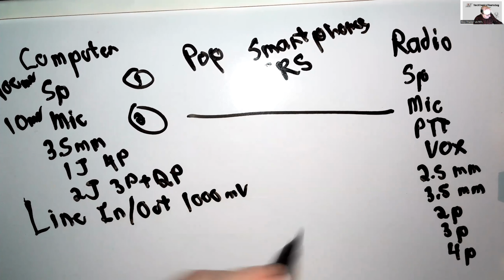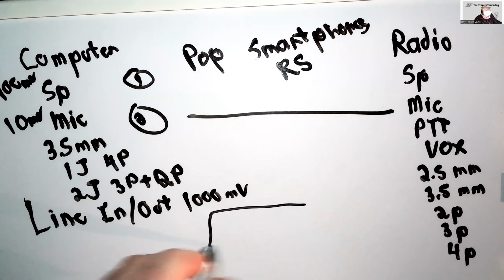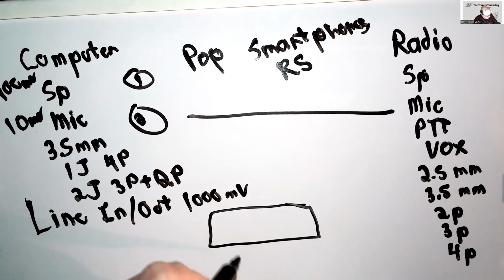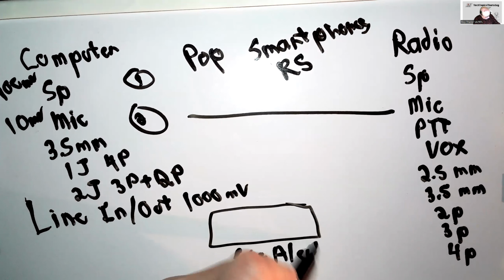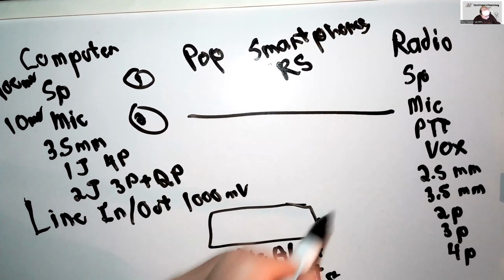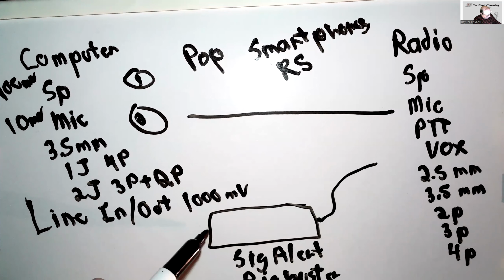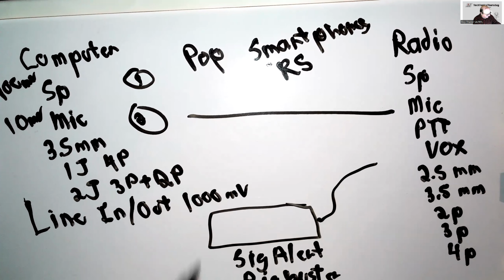So then, what they've done is they've usually built some sort of interface here, and Sig Alert is one of them, and Rigbuster is another one. And they usually will sell you a cable that goes to your radio, and the cable that will fit the appropriate plugs depending on what type of radio you have, and then something that goes into your computer.